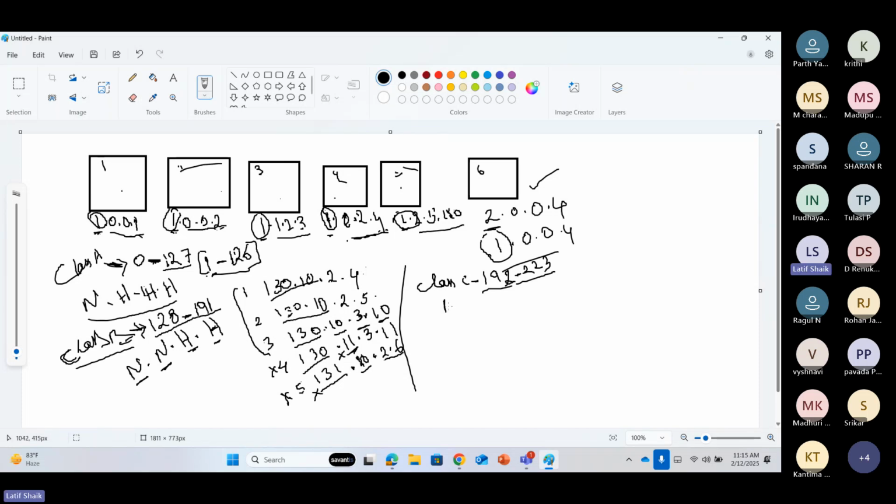If it belongs to class C, then the first three portions of the IP address are the network portion and the remaining is the host portion. So in class A, only the first portion is the network portion. Class B, the first two are network portions. Class C, the first three are network portions. Again, I will take one example. I can take 192, the most commonly used IP address, a private IP I am using here.